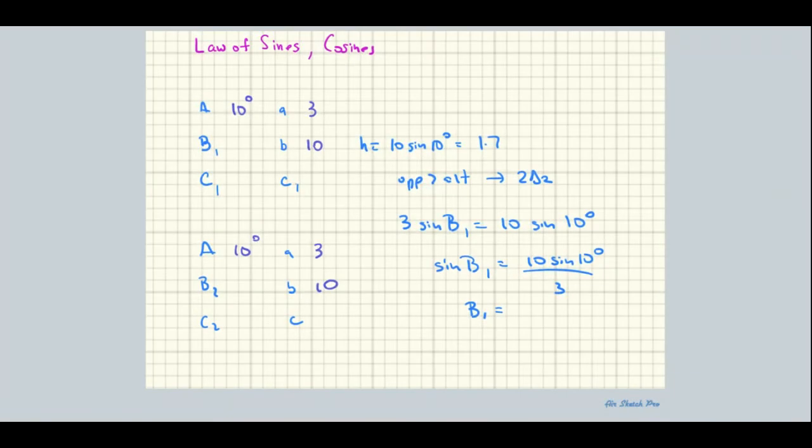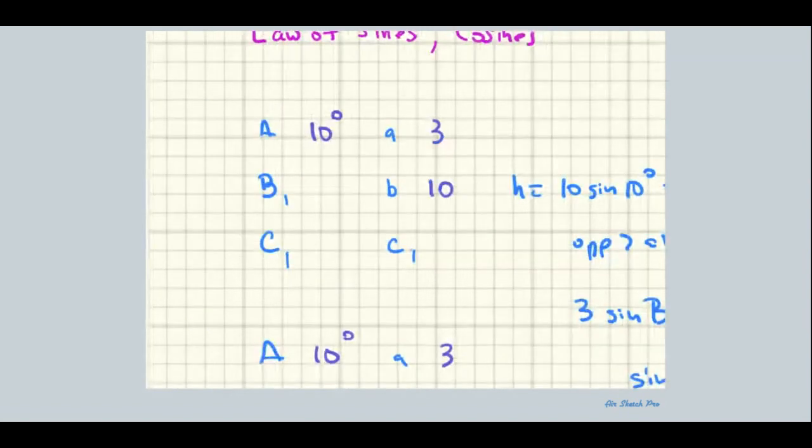35.37. Some people probably used 1.7 and you're going to get only two decimals accuracy, but yeah, it's 35.4.